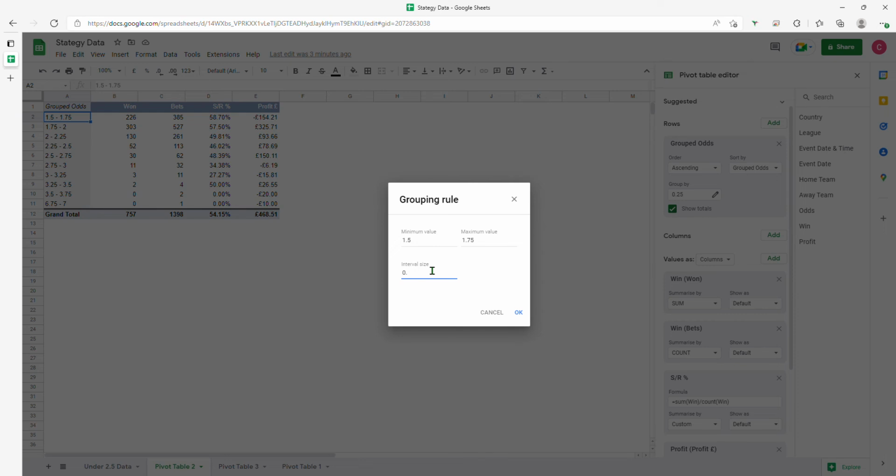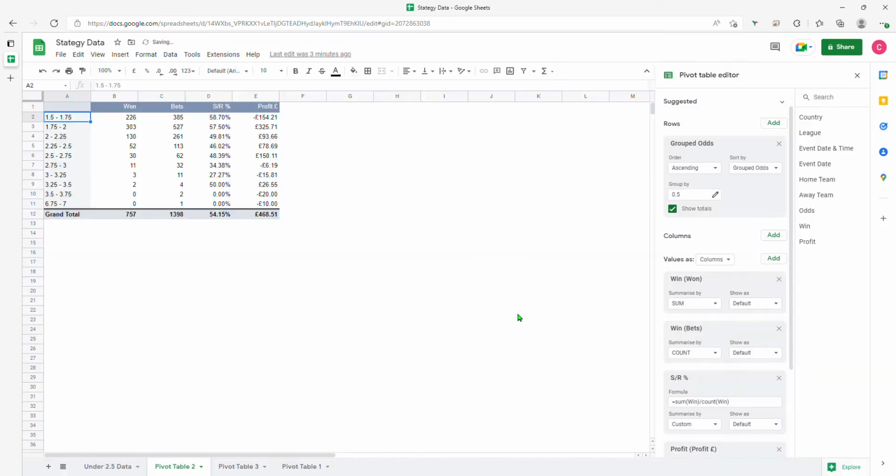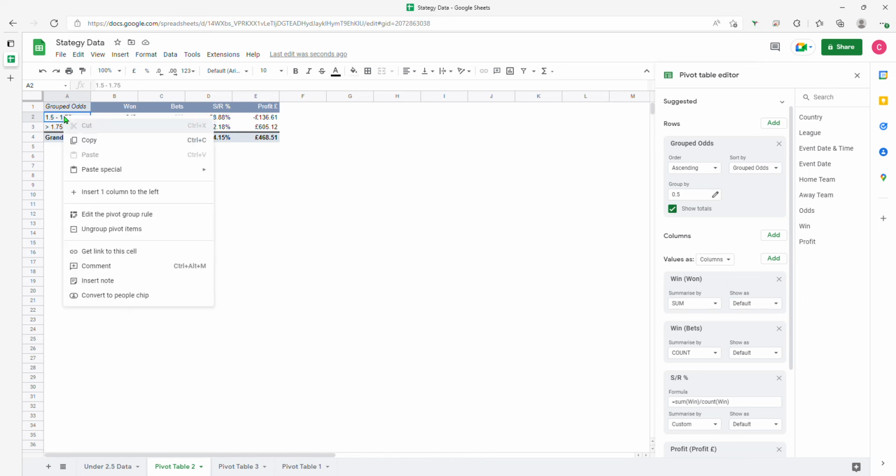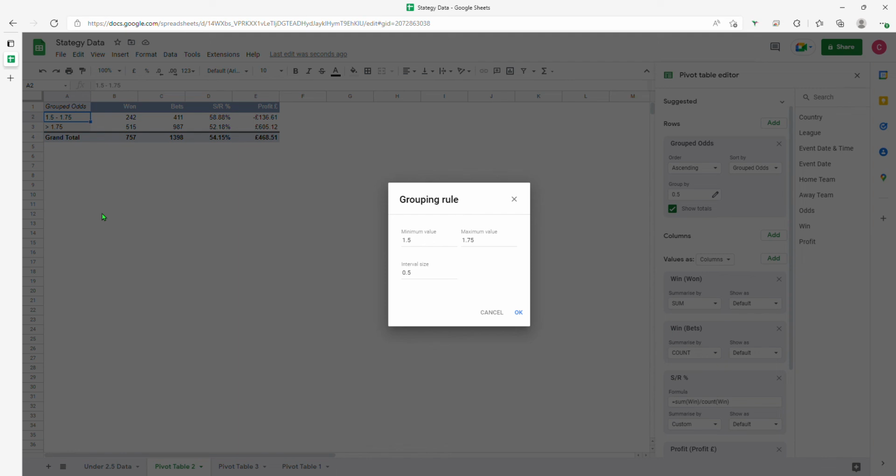I'll go for 0.5 to start with, which will only give me a few, sorry, I've done that wrong. It's not 0.5, it's 0.05. Fool that I am. Not going up in half increments, because 1.5 would take you to 2.